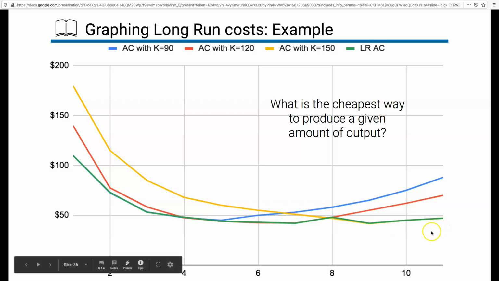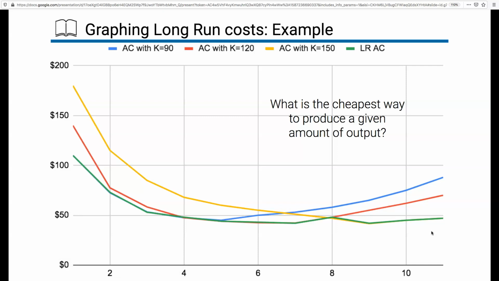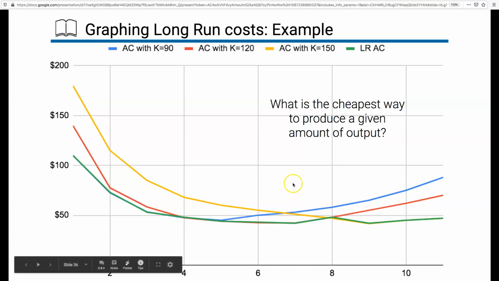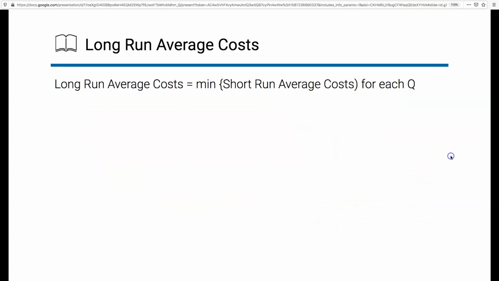It simply answers the question: in the long run, if you were to choose the level of capital, which level of capital should you choose depending on how much you're going to produce? This is what the long-run average cost curve is about. What do we know about it? Well, first of all, by the definition that I just gave you, the long-run average cost curve is the minimum of all possible short-run average cost curves for each level of output.